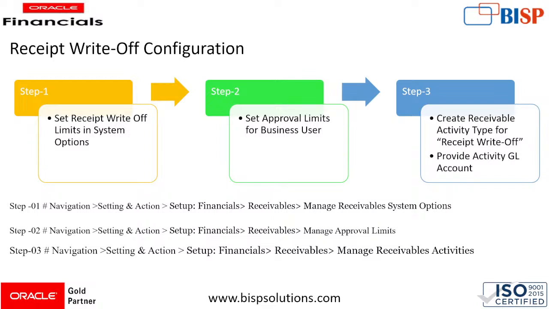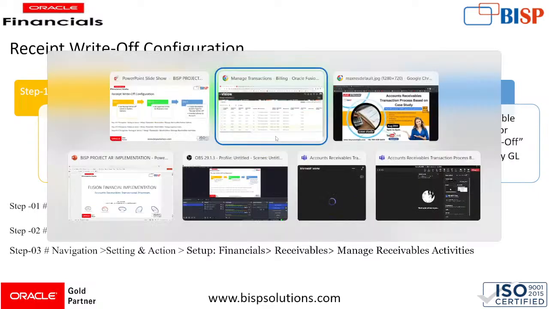So the first navigation is to go to Settings and Actions, select the setup scope, Setup Financials as the scope, and navigate to Receivables, and out here the Manage Receivables System Options. So let us navigate to the application now.